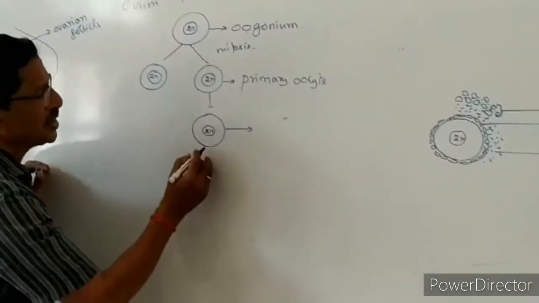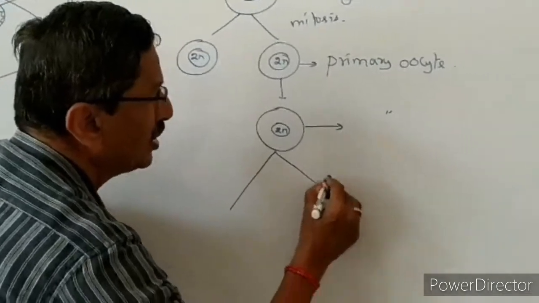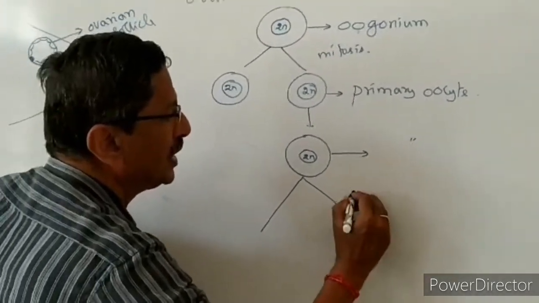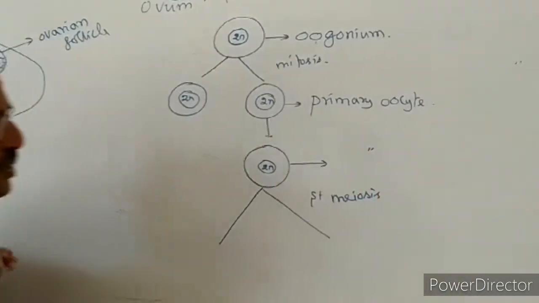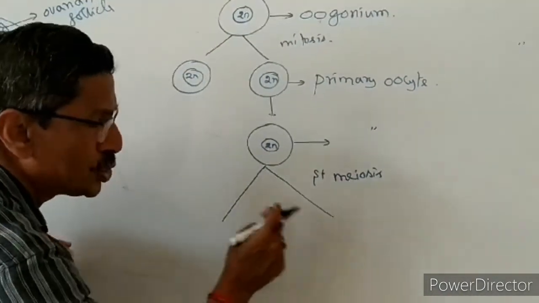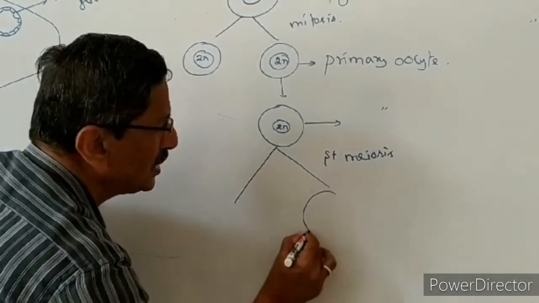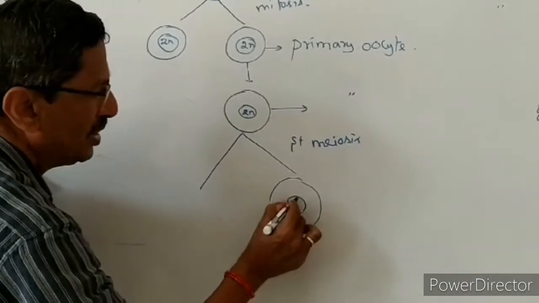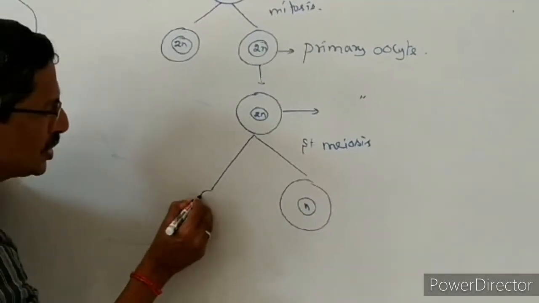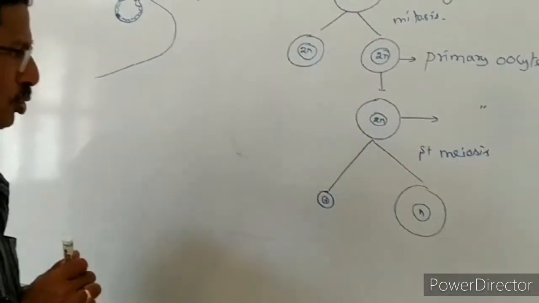Now this primary oocyte is undergoing meiosis 1, that is first meiosis. During this first meiosis, one cell divides into two. Already we have studied this. But here, one daughter cell will be larger, 90% of the cell, with n chromosomes. The other cell will be smaller, 10% of it, also with n chromosomes in the nucleus.